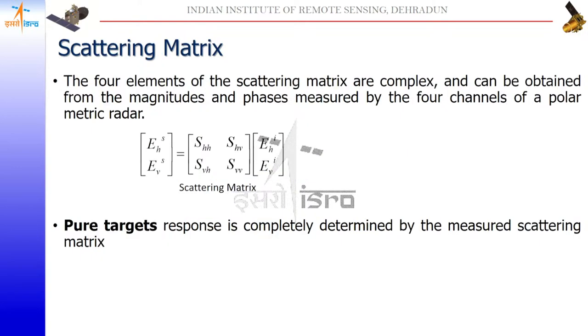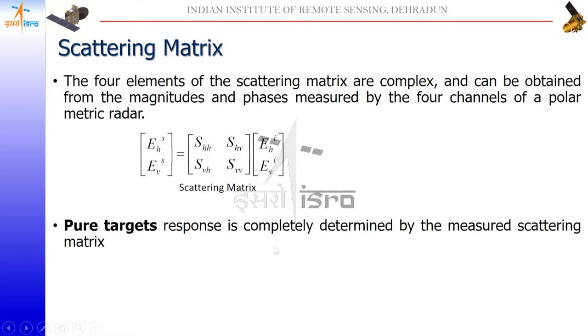One is the scattering matrix. What is the scattering matrix? I have already told you, in SAR polarimetry we have the four images HH, HV, VH and VV. If we put them in matrix form, this is called the scattering matrix, a 2 by 2 matrix. The scattering matrix is generally used for pure targets.